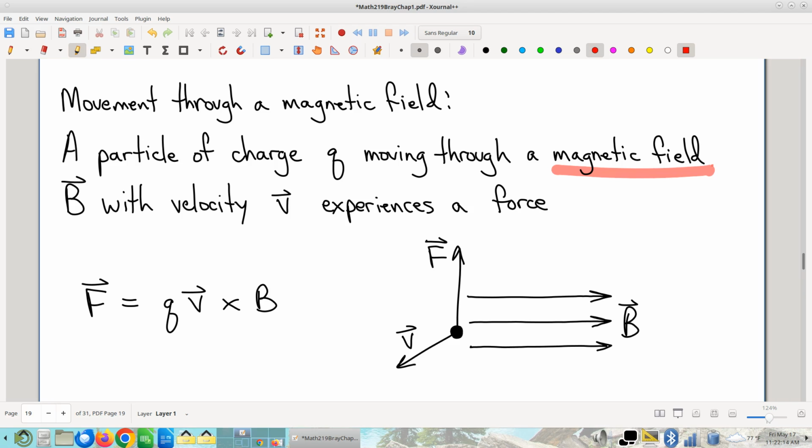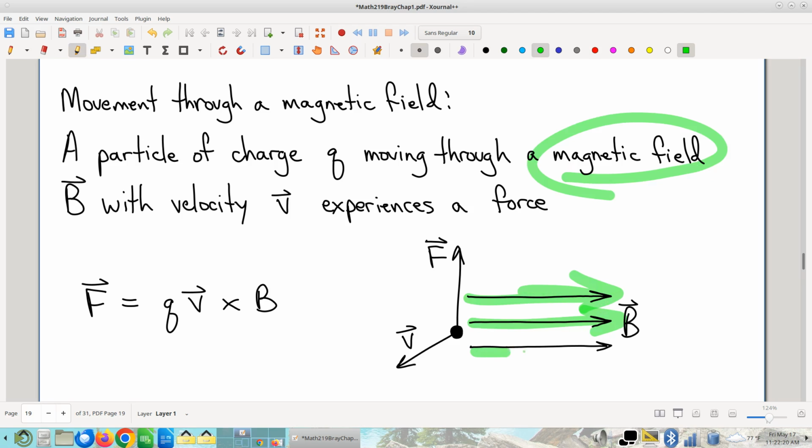In particular, if you have a magnetic field pointing in that direction, and a charged particle moving with a velocity in that direction, then we throw in the charge as well, cross magnetic field.